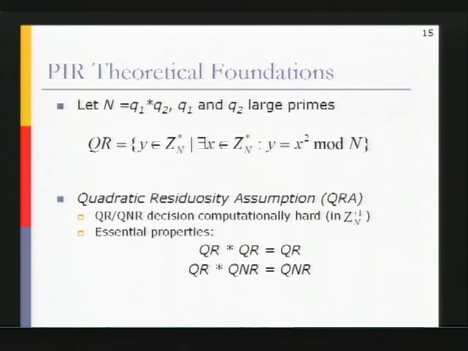A square? Any other opinions? Sometimes we get a square, sometimes not. So the answer is maybe. Sometimes we get a QR, sometimes we get a QNR. But fortunately, we never use this in the protocol, so we don't have to worry, because we're only going to use these two operations.